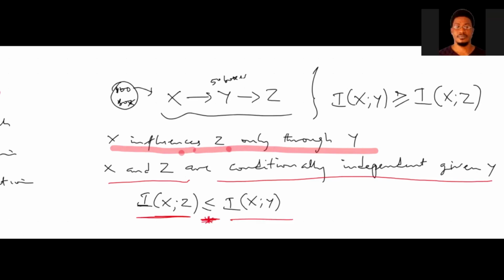Yes, sir. Given Y. Okay? Now, this brings us to the mutual information. It means that the mutual information between X and Z must be less than or equal to the mutual information between X and Y.